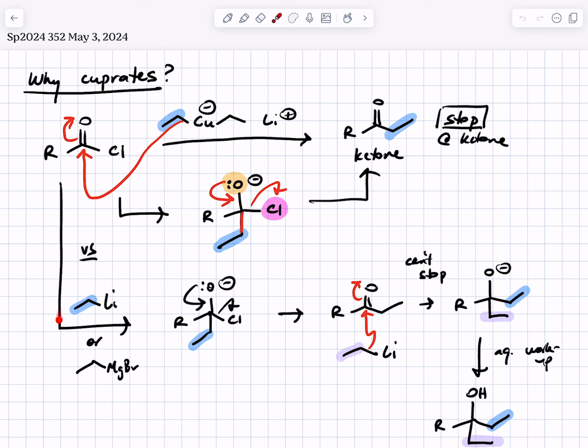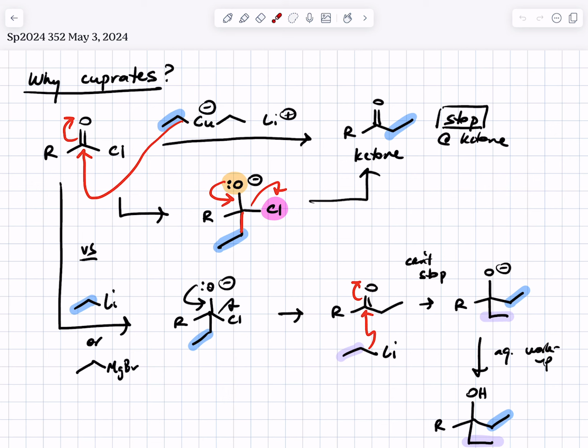So how organolithiums and Grignards react with acid chlorides is very similar to how lithium aluminum hydride reacts with acid chlorides. That is, you add the first equivalent, attack the carbonyl carbon, get a tetrahedral intermediate, the leaving group leaves, and that generates a ketone product, but you can't stop there because the ketone is also reactive towards the organolithium reagent.